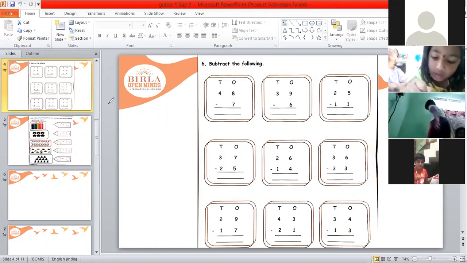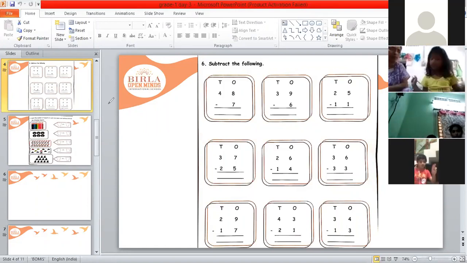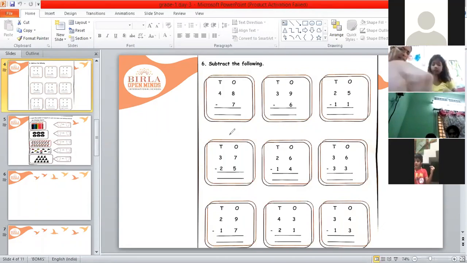8. So how many fingers we'll take out? 8 fingers. Yeah, now take out your 8 fingers quickly and remove 7 fingers. 1, 2, 3, 4, 5, 6, 7. Answer is 1. Very good. And now in tens place, what we will write?